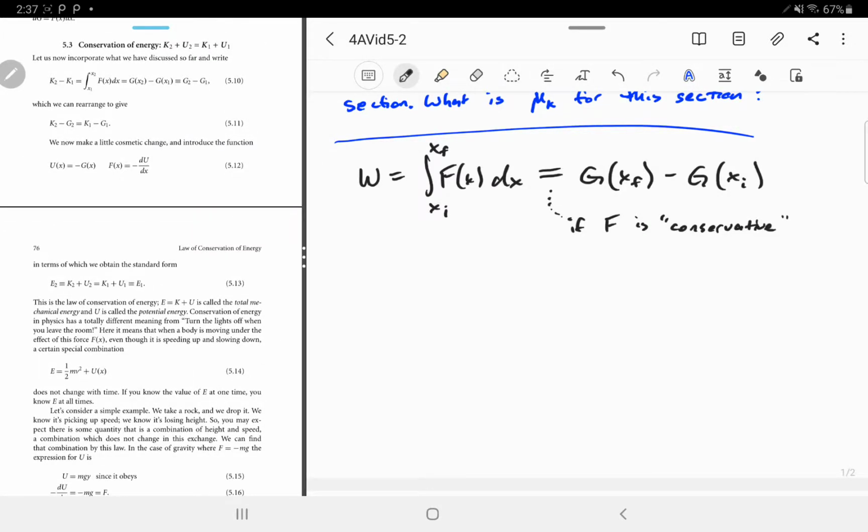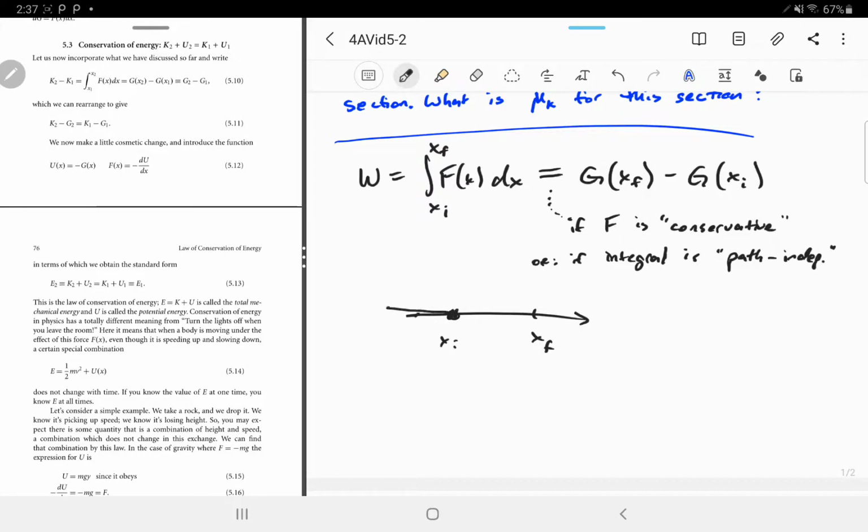So if F is conservative, you can do this. Another equivalent way of saying this is that the integral is path independent. Even just in one dimension, you have some x initial, x final.